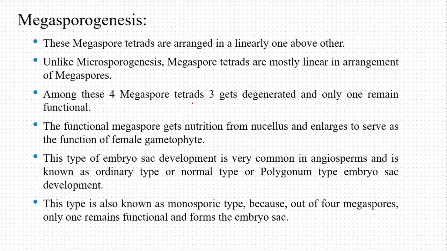Here three megaspores degenerate and only one remains functional, and the embryo sac develops from this single megaspore. It is generally found as the ordinary or normal type, also called the polygonum type of embryo sac.